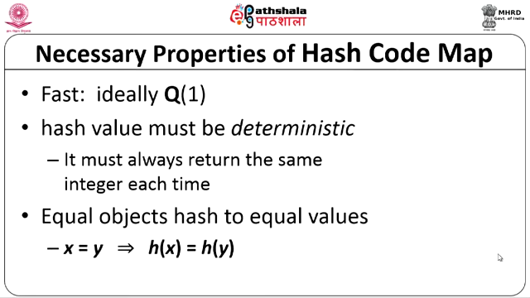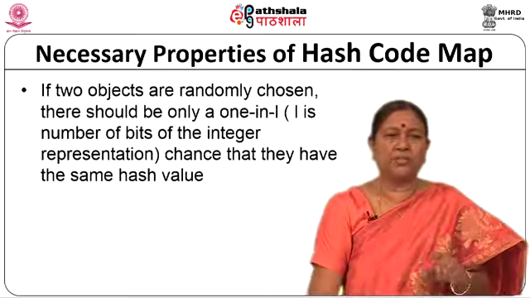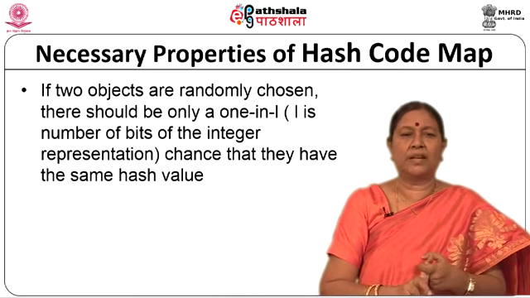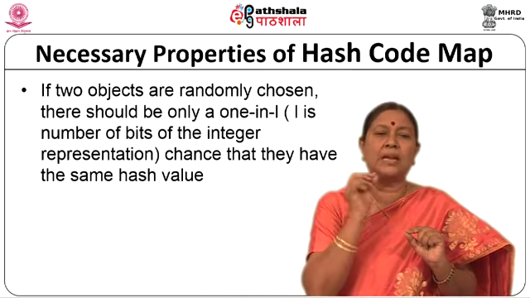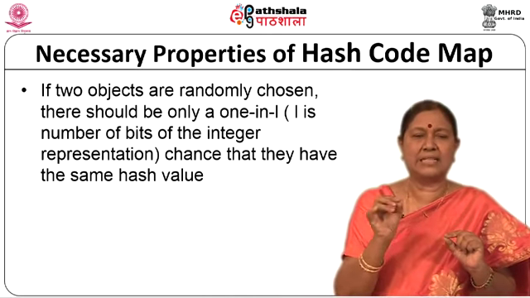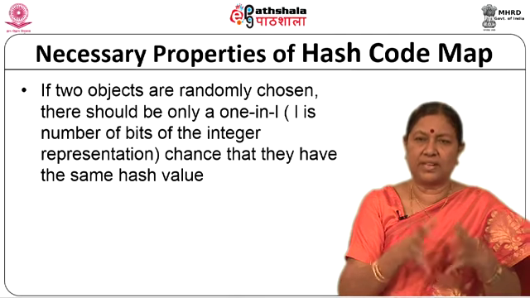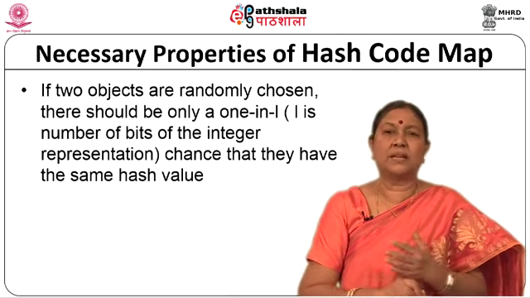So, in other words, if x is equal to y, they are the same objects, then h of x should be equal to h of y. If two objects are randomly chosen, there should be only a 1 in I chance, where I is the number of bits that you are using for the integer representation, that they have the same hash value.